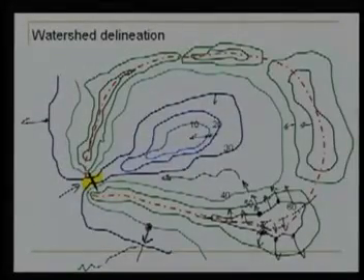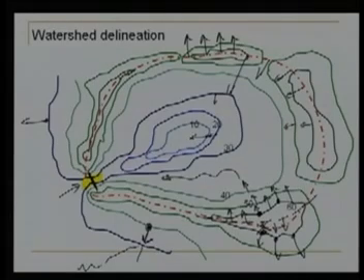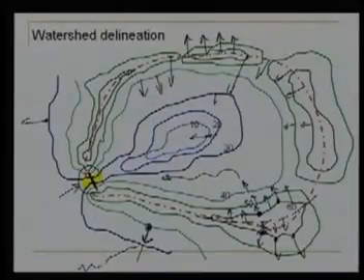For example, the red line here satisfies that, on the outer side of this red line, the water will not contribute to this cross section, while the water here everywhere will contribute. So this red line indicates the catchment area or the watershed for this particular cross section.